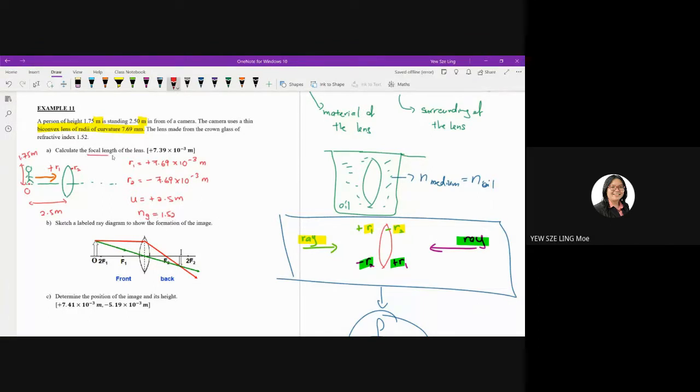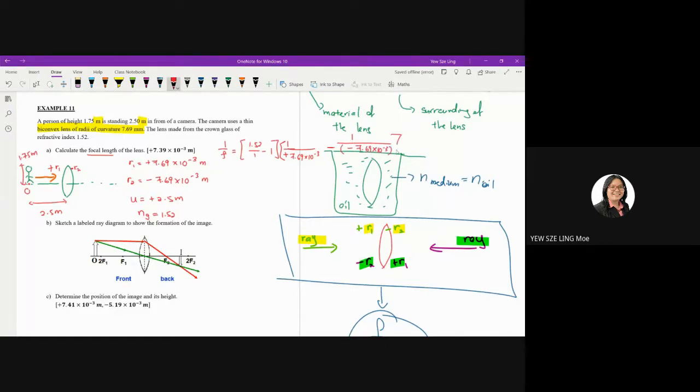I can then determine the focal length. So 1 over F equals 1.52 over 1 minus 1, and then 1 over R1 is positive, so positive 7.69 times 10 to the power of negative 3, minus 1 over negative 7.69 times 10 to the power of negative 3.